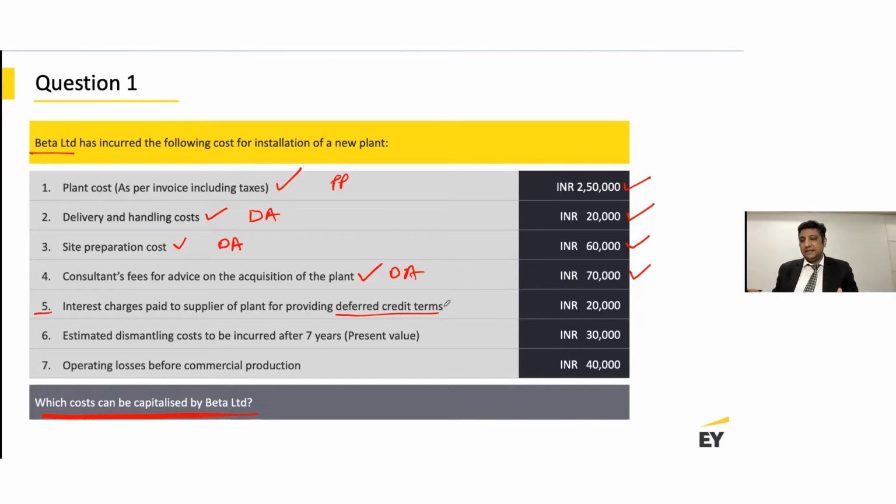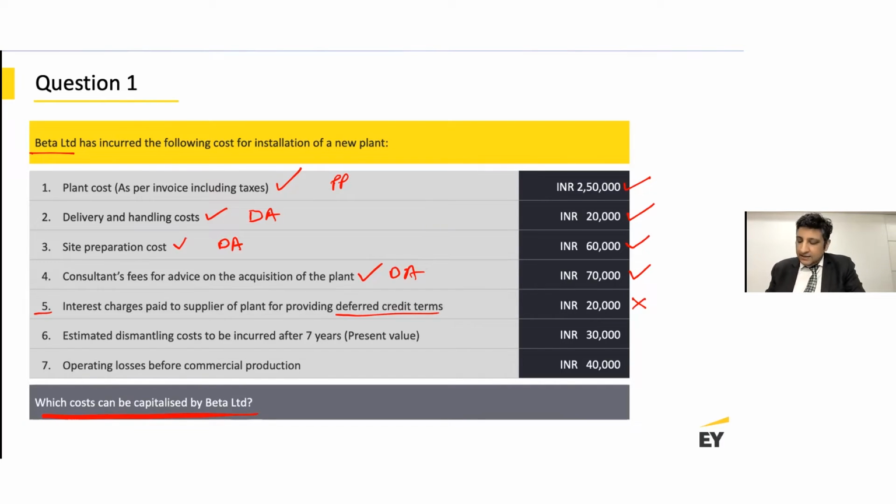The supplier is saying that don't pay today, you pay it later, but you pay extra because you're buying time. It is not towards the asset. It is towards the time that you are taking to make the payment for the asset. Now, this extra payment, this interest cost does not contribute to create the asset, which means that this is not going to be added to the cost of the asset.